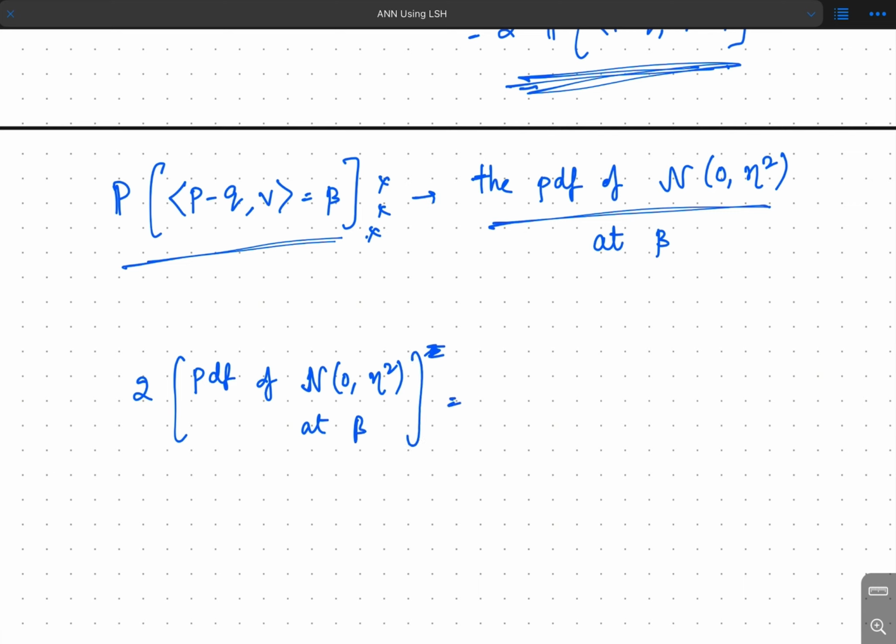So this is going to be 2 by root 2 pi eta times exponential of minus beta square by 2 eta square.